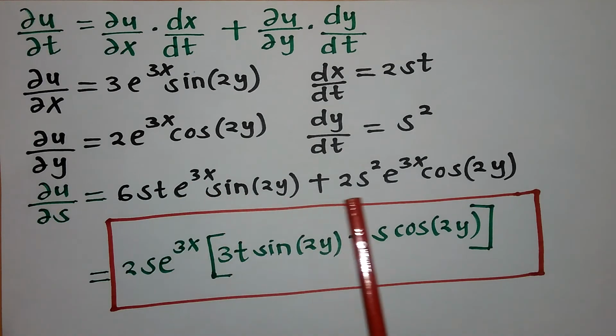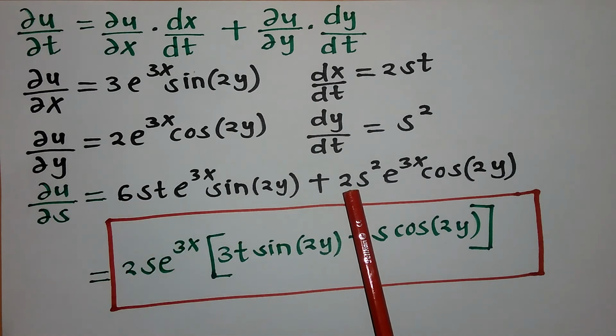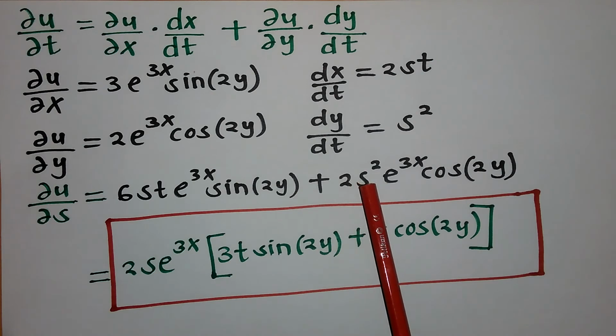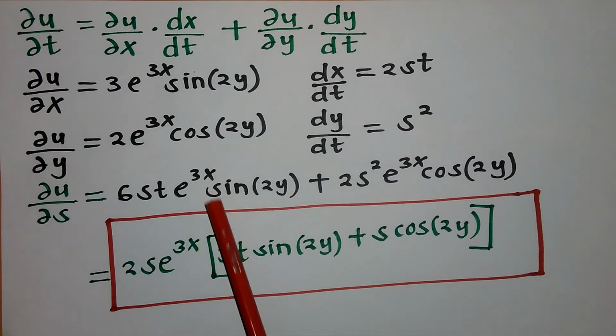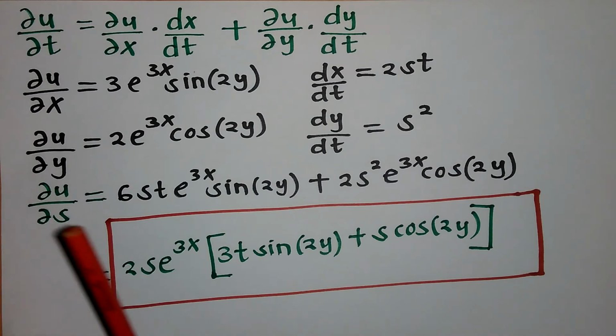We can factorize whatever is common here, that is we have 2 common in this and this. We also have s as common and exponential 3x. So if we factorize out that, we're going to be left with this, and this is going to be our final answer. So we have computed both the derivative of u with respect to s and the derivative of u with respect to t.